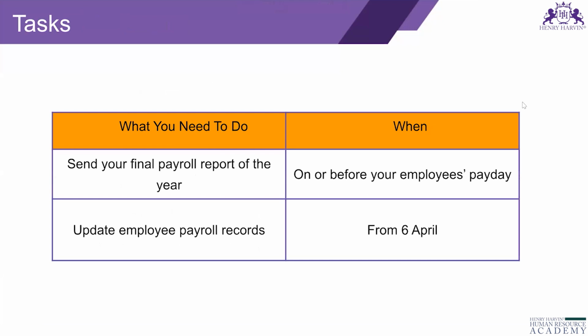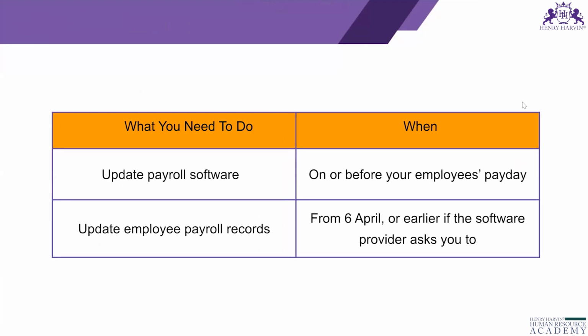You see this software update and update payroll software on or before your employee's payday. It is saying that on or before the employee's payday, you have to update the software. Why? Because they consider that you will process payroll on payday, but this is wrong. This is some logic which they use, but we have to do it well in advance, because the tax calculation will be done on this basis.